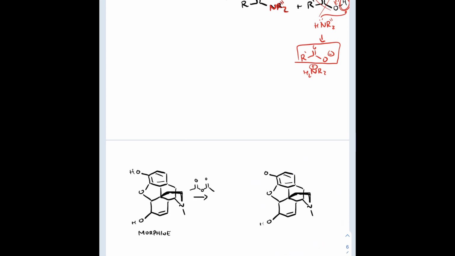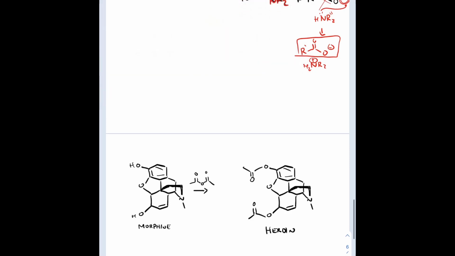So if we reacted morphine with acetic anhydride, we have to look for the most nucleophilic site on that, and we have two OHs sticking off that can actually attack, just like we saw above. The reaction of alcohols or even water would be an equivalent.